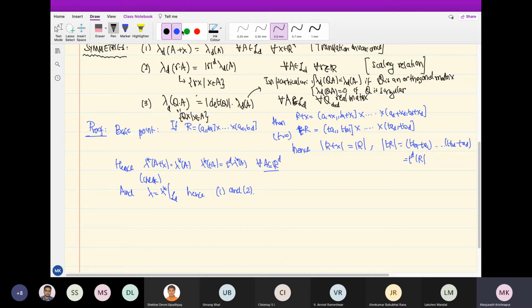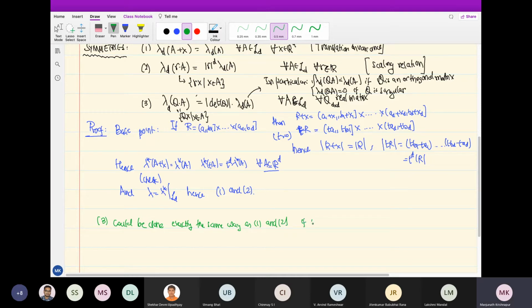But here is the point. So for 3, it could be done exactly the same way, by same way, I mean as 1 and 2.